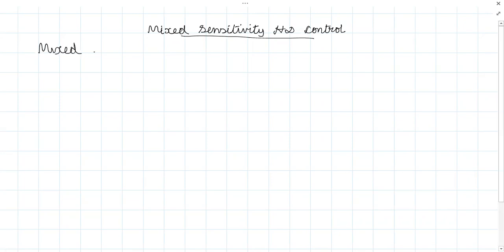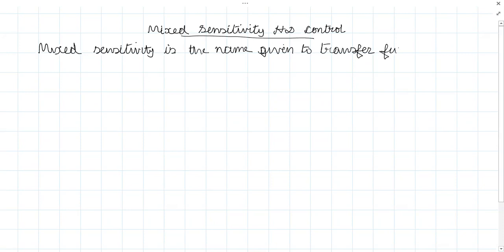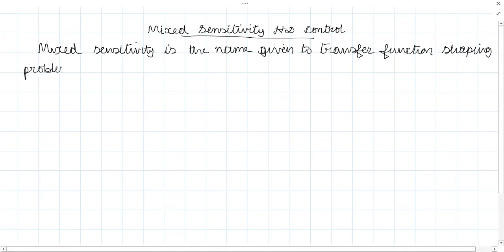Mixed sensitivity is the name given to transfer function shaping problems in which the sensitivity function S is shaped.